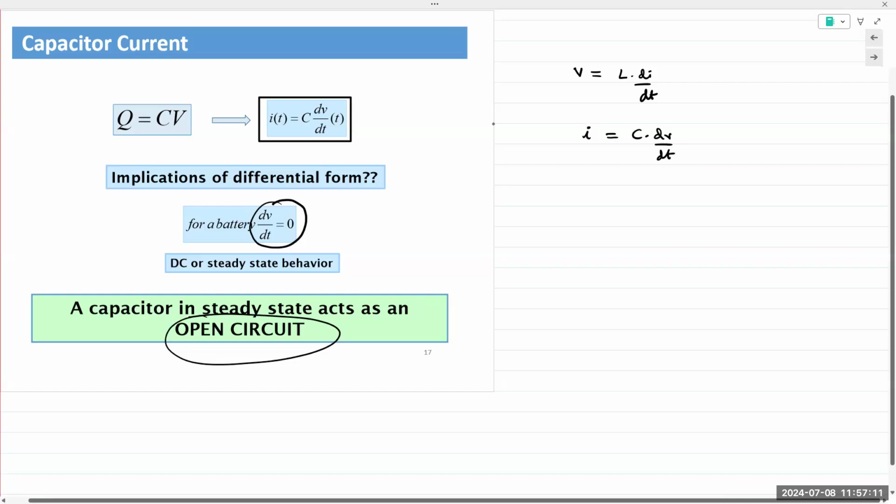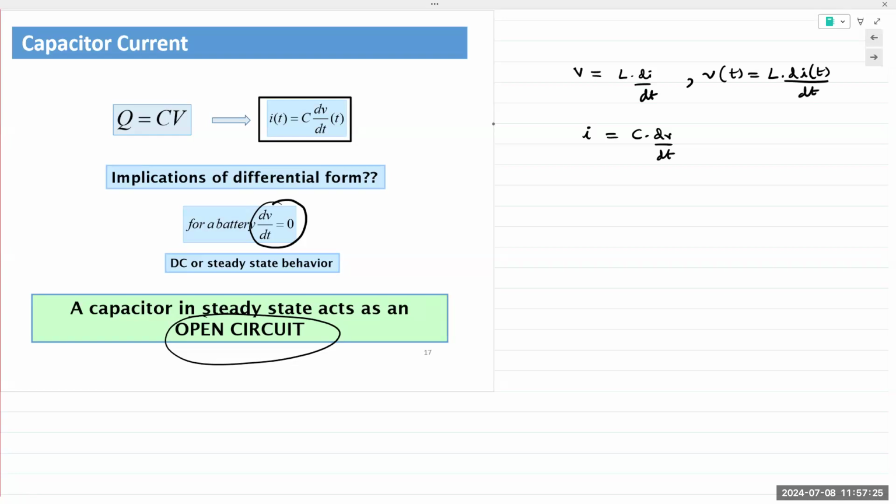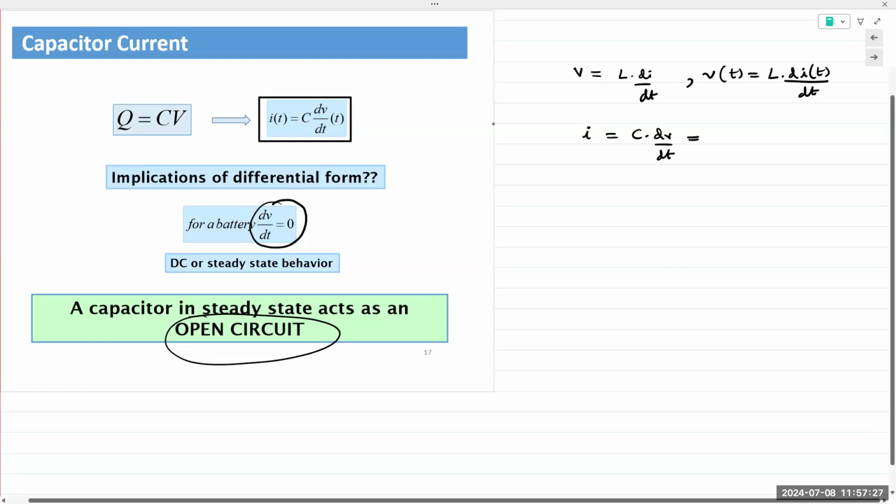This is to show students that different notations can be used for the same thing. So this I can write as v of t is L times di of t as a function of time. And same thing here, C times dv of t over dt.